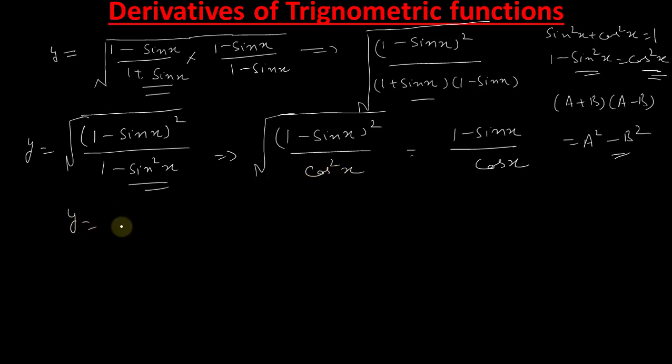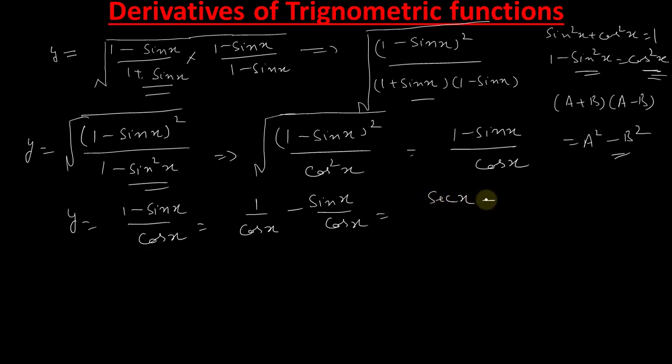Now you can see it has become quite easy. So (1 minus sin x) by cos x can be written as 1 by cos x minus sin x by cos x. So 1 by cos x is secant x, and sin x by cos x is tan x. So this has become secant x minus tan x.